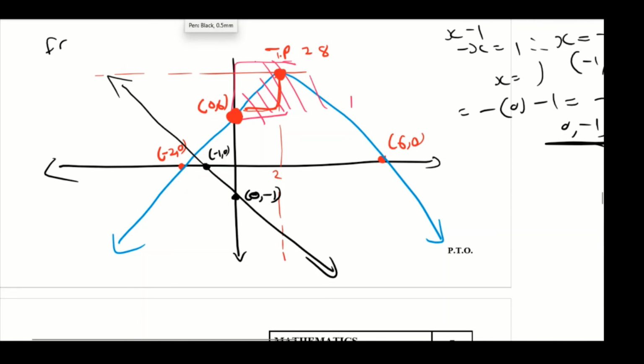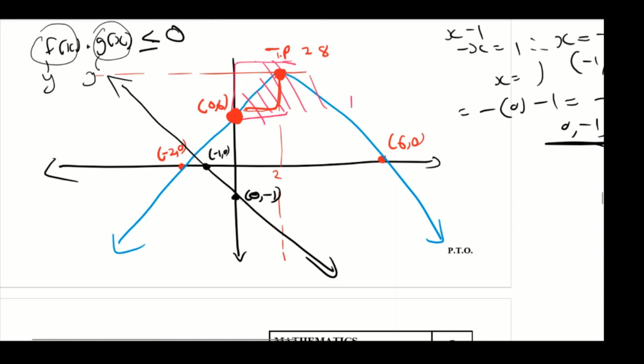So this is what's happening. When f of x multiplied by g of x gives a solution that is less than or equal to 0, it means when the y value of f multiplies the y value of g, it must give you a solution that is negative or equal to 0.